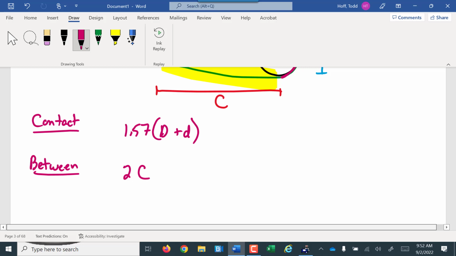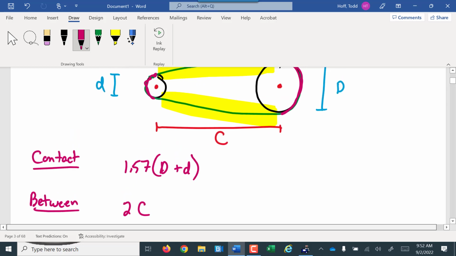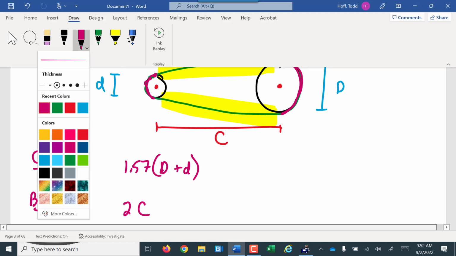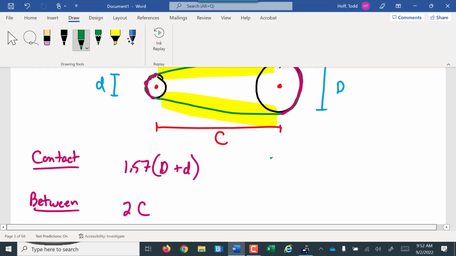But if they're not, well, two things happen. One is, this is at an angle. This would be your center to center distance. You can see that is a hypotenuse of a right triangle. It's a little bit longer than what just the regular center to center distance would be. So we have to account for that.